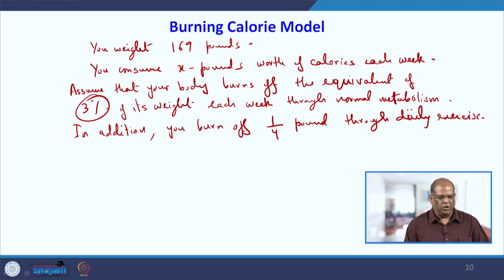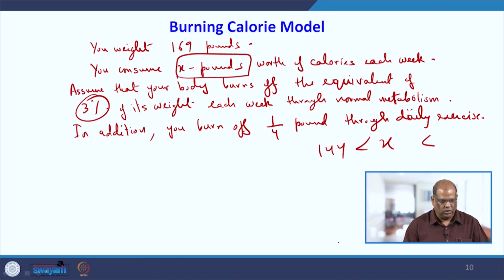Now, with this information, you try to form a model and then answer the question: what is that x, the calories you must take each week, such that your weight lies between 144 pounds to 146 pounds.